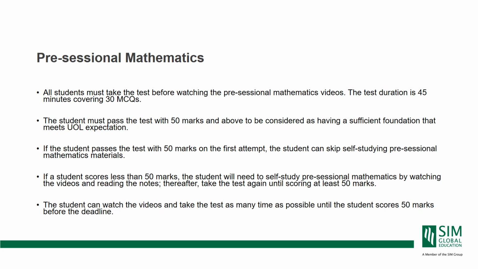You can view the videos and take the test as many times as possible. Each time you take the test, you're most likely going to see different questions because these questions are randomized. You should do that until you score 50 and above before the deadline. That is very, very important.